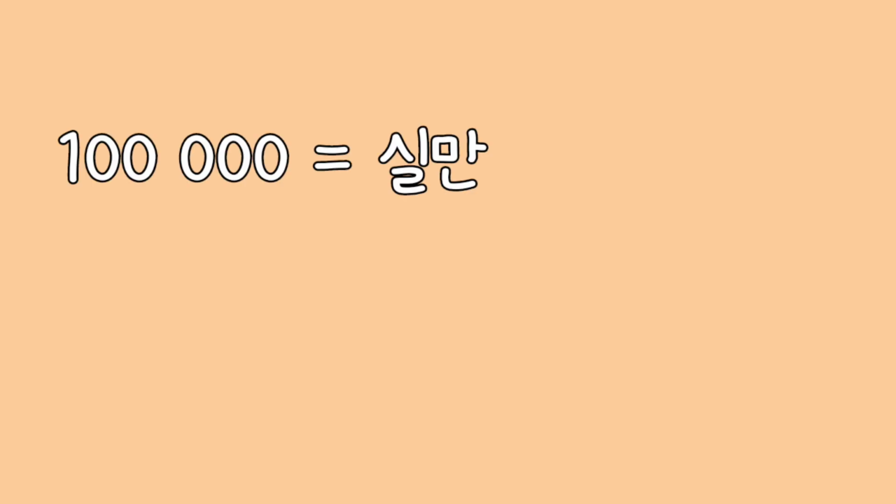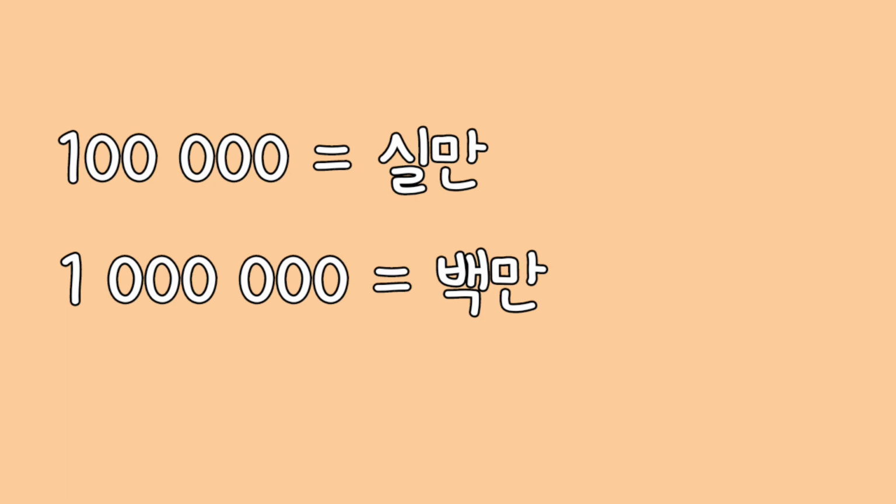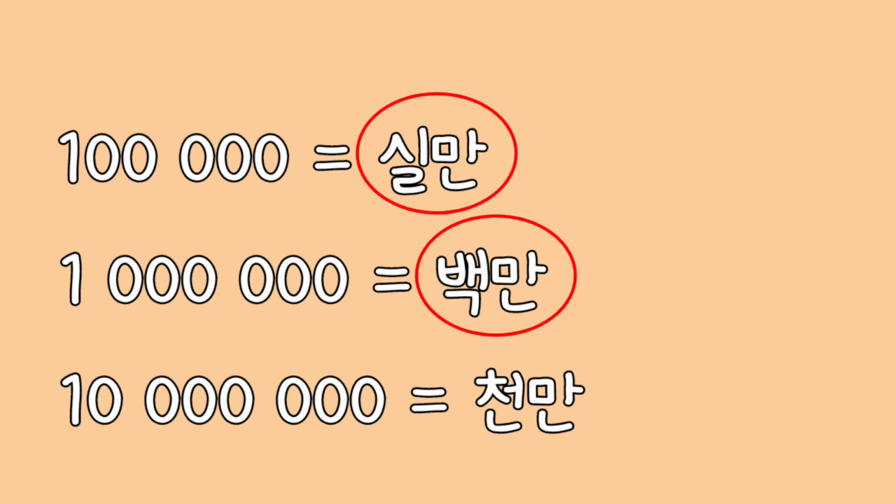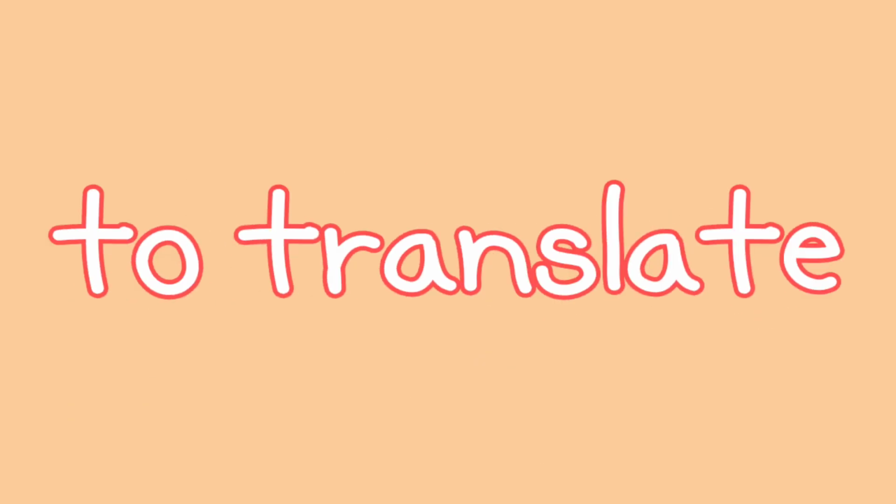Okay, so the next 3 largest numbers are 100,000, or shilman, 1 million, or pekman, and 10 million, or tonman. So here, we have an easy way to translate these numbers into Korean.